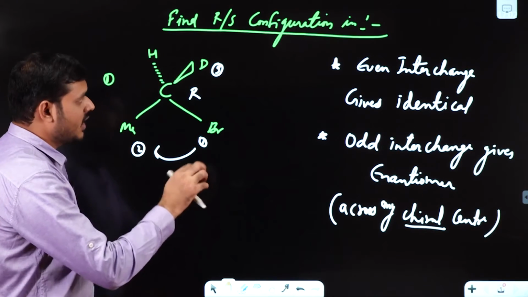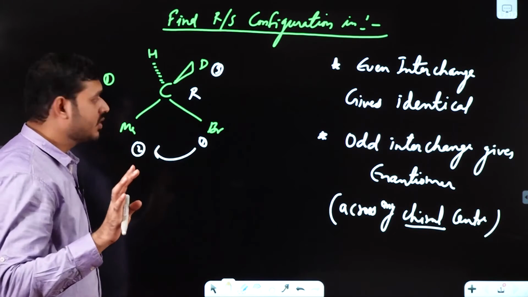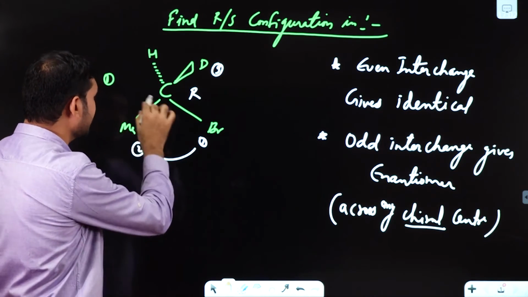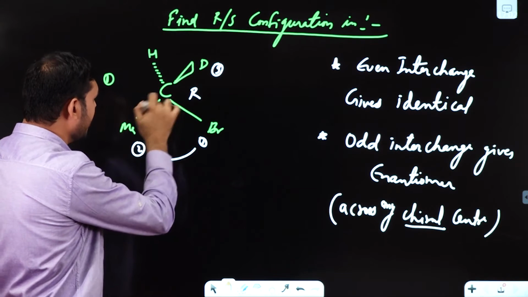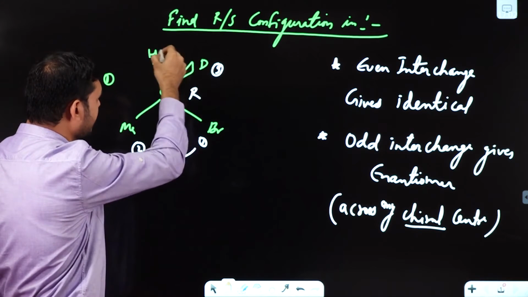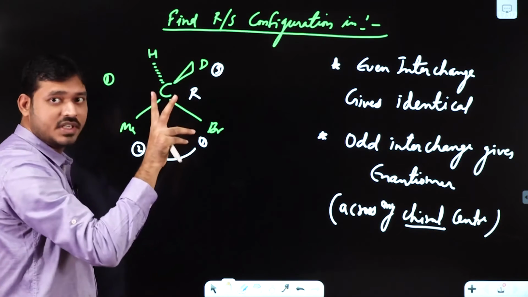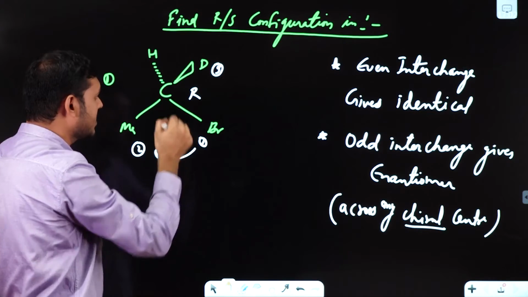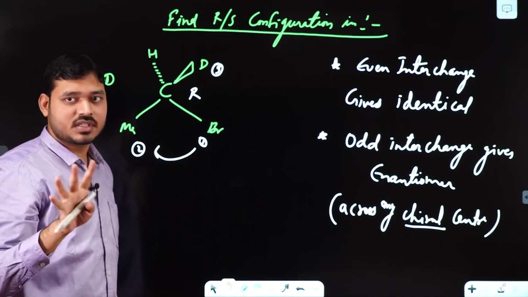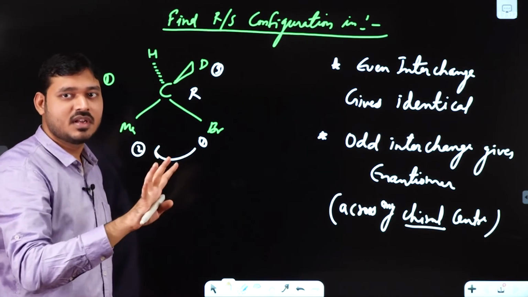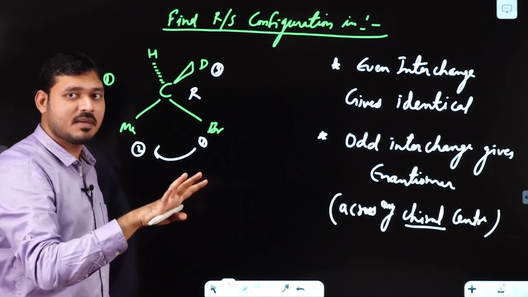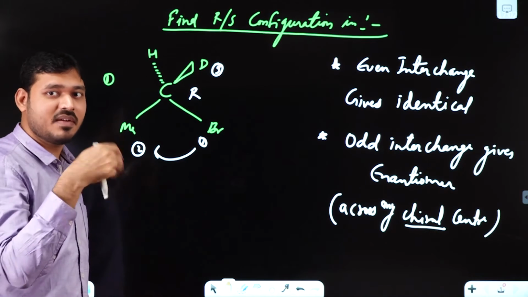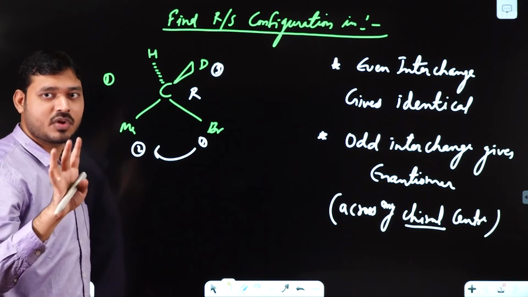I am telling even interchange. What does it mean? Simply that suppose I keep this part same, fixed. Now if I first interchange hydrogen and deuterium, one interchange. Now again one interchange of this bromine with hydrogen, such that two interchanges occur, keeping one part fixed, frozen. Then you will get the same molecule, identical, in every respect.